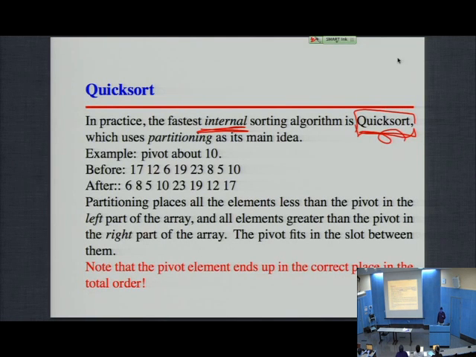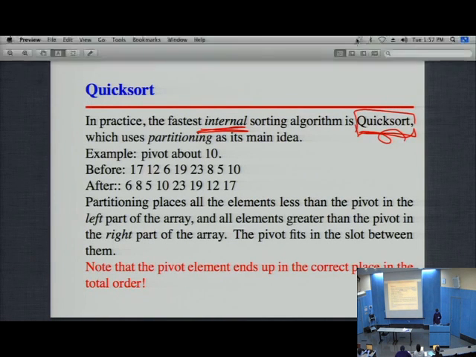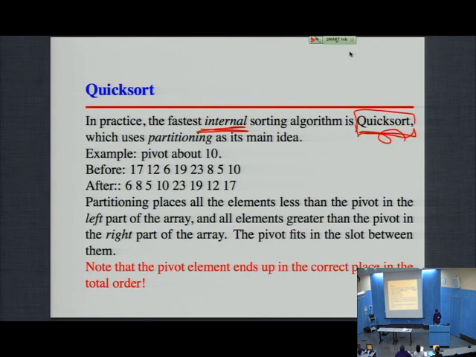Okay? And so that's what the big idea here is. But let's go through what Quicksort is before we can get to where the randomization comes in. Quicksort works using the idea of partitioning as its main idea.